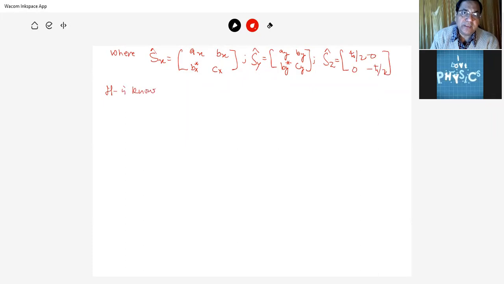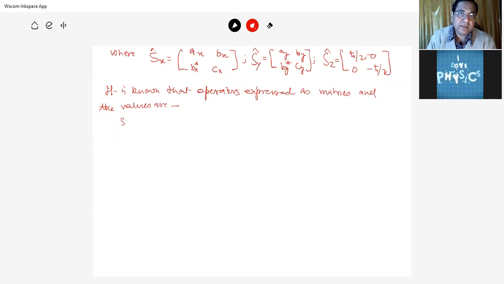It is known that operators are expressed as matrices, and the values are: Sy Sz minus Sz Sy.